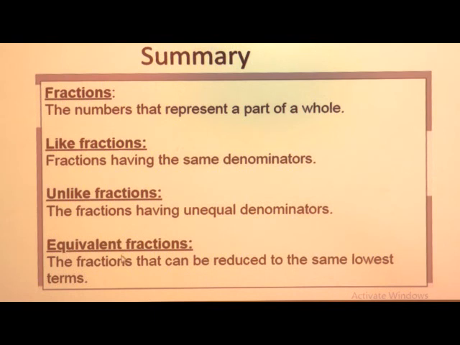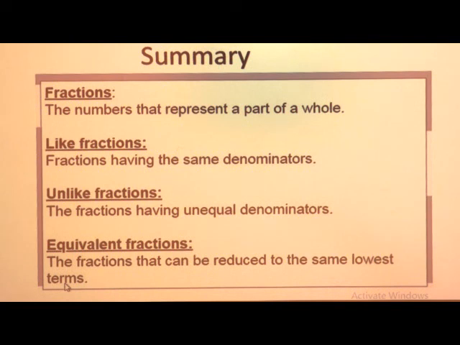What are equivalent fractions? We have seen many examples of equivalent fractions, fractions that can be reduced to the same lowest term. Already I told how to find equivalent fractions by two methods: one by multiplication and one by division.